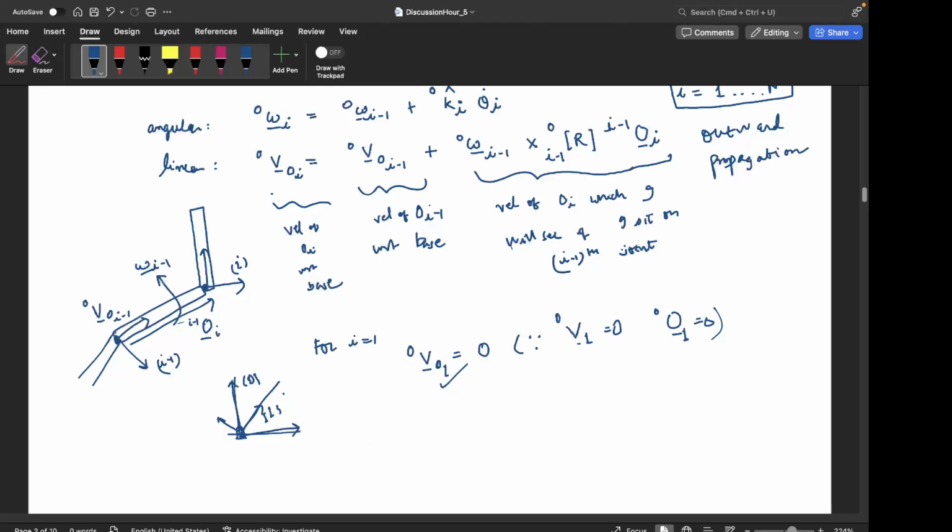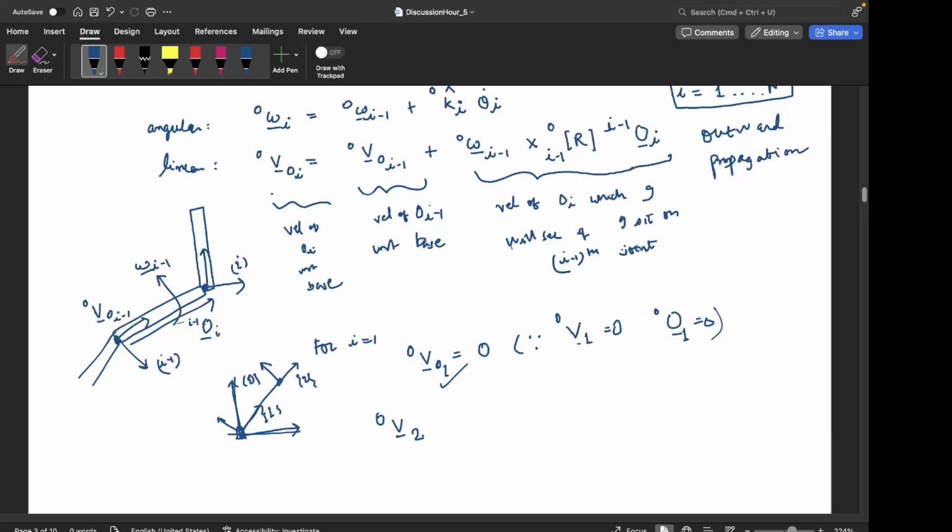Okay, very good. Now comes the base of the second link. In fact, I will derive this for a 2R manipulator right away, so that will make things much clearer. This is the second frame. Now for the second frame, what will you write?